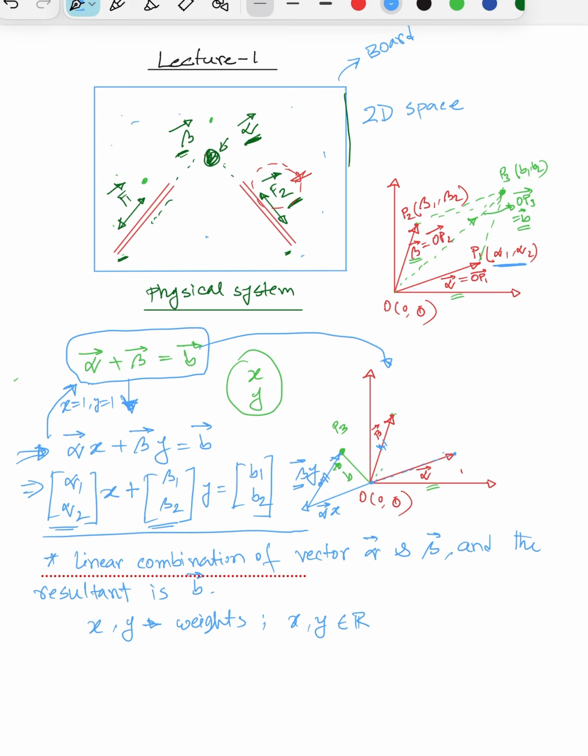Therefore, our scope, or the extent to which we can position the ball using our 2 actuators, is any point in this board.